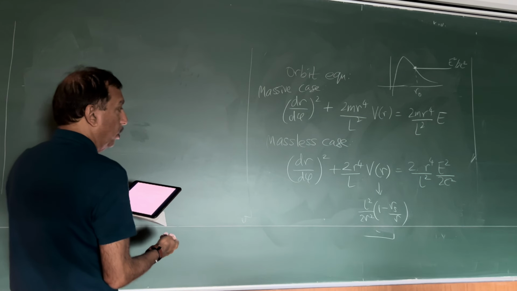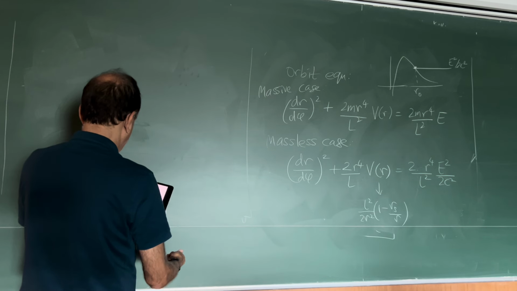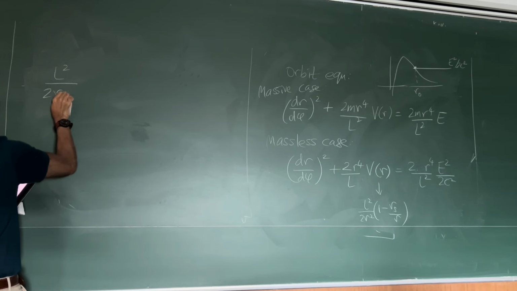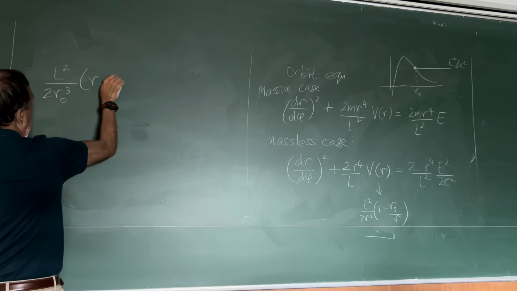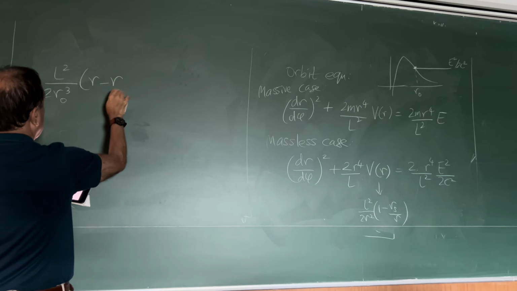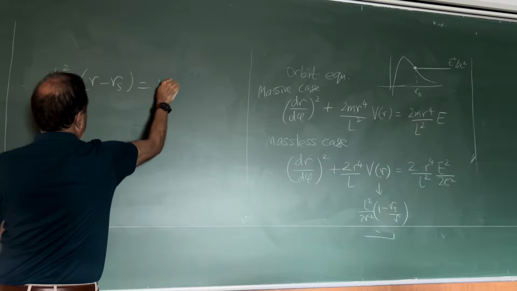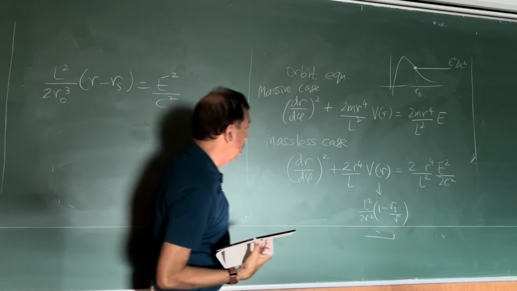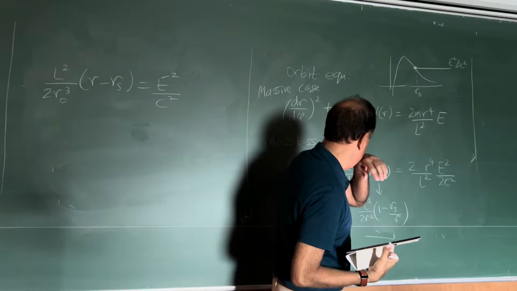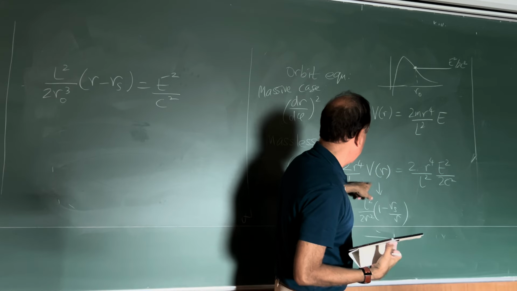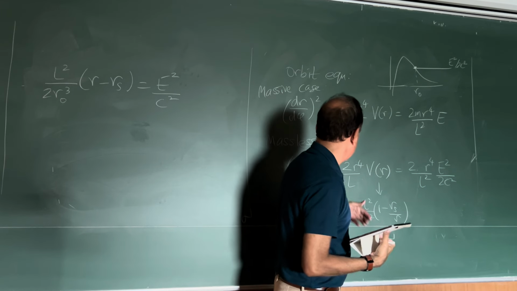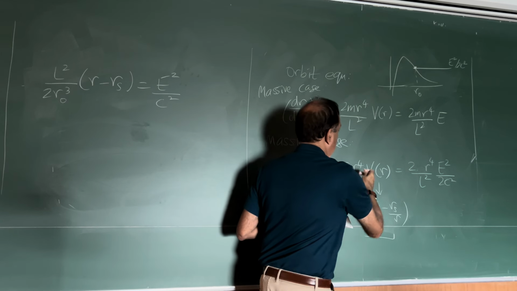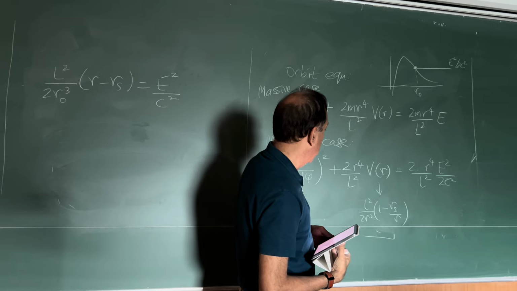If you equate these two things and solve for R0, you will get L squared over 2 R0 cubed, R minus RS, is equal to E squared by 2C squared. First of all, we equated these two, so we could drop the L squared and the R to the fourth and the 2.